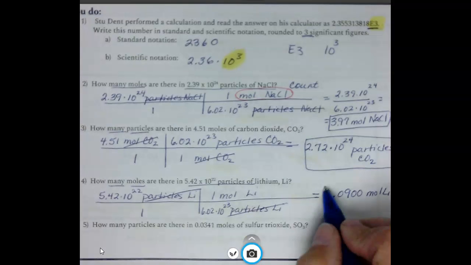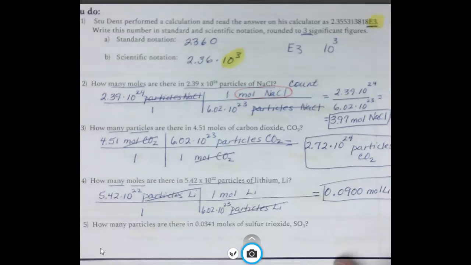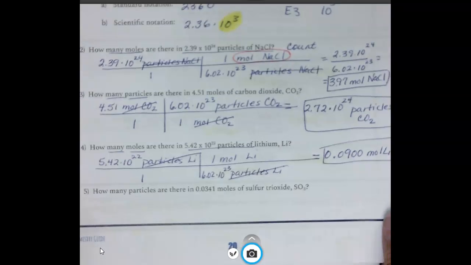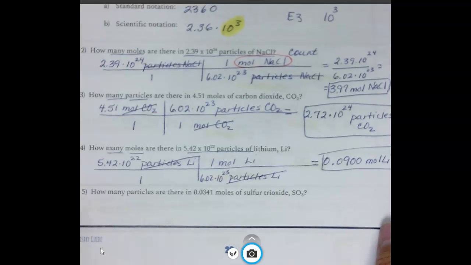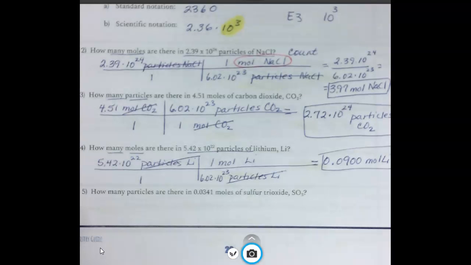Moles of lithium. Okay, and again, always check my multiplication, because there's always a chance that I could have screwed up. So just because you do not agree with me does not mean you're wrong. It could be I'm wrong. So check especially if you have it set up exactly as I did.